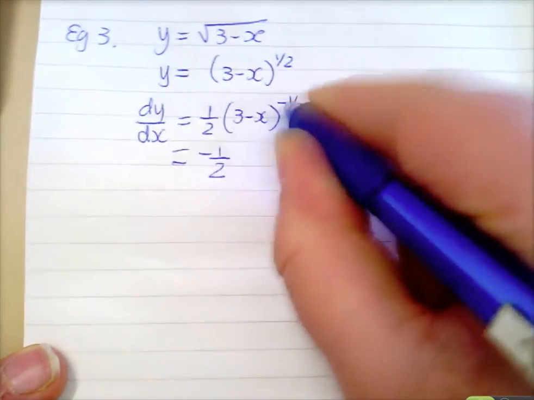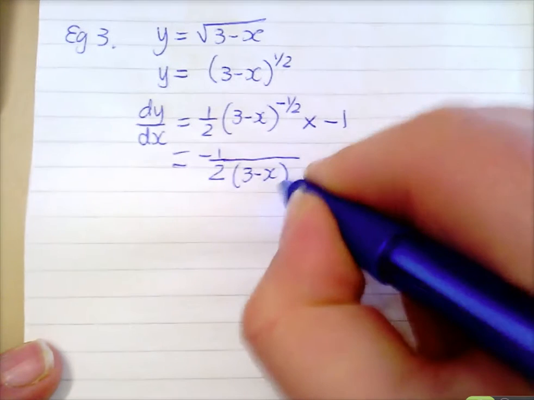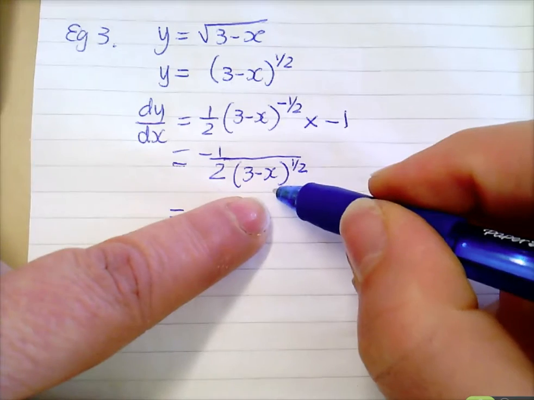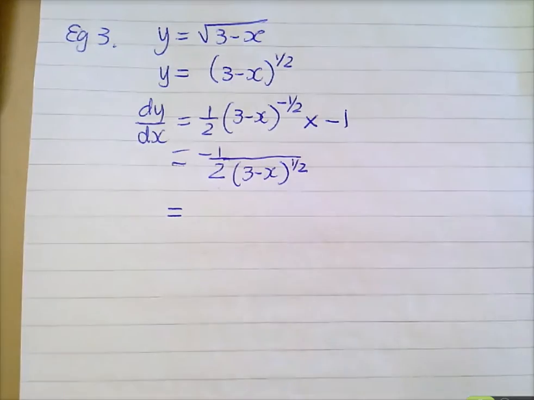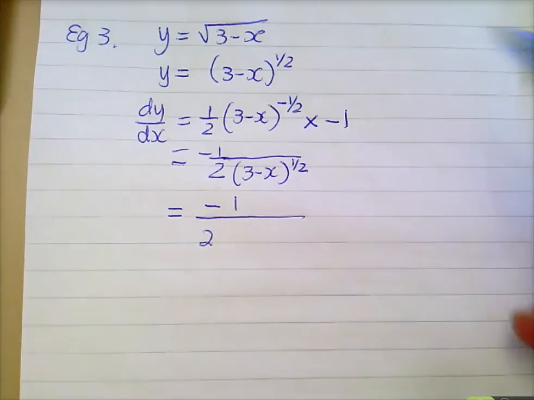Now instead of writing this with negative a half, you write it on the denominator with a positive half. Does that make sense? A half times negative 1 is negative a half. This 3 minus x to the negative a half would be on the numerator. It's 3 minus x to the positive half on the denominator. The question was not written with powers of a half.